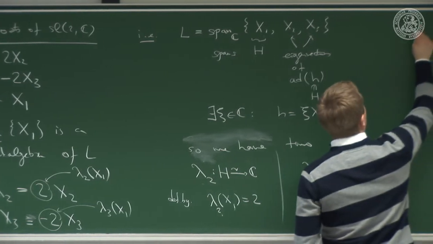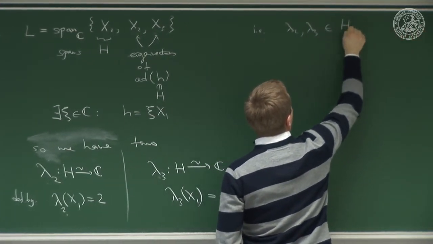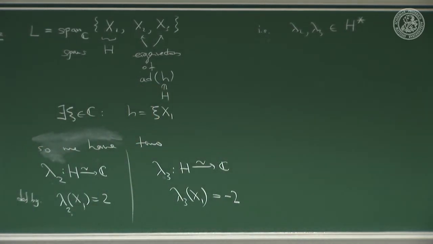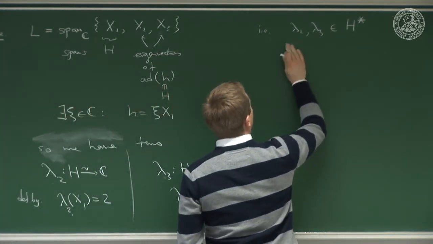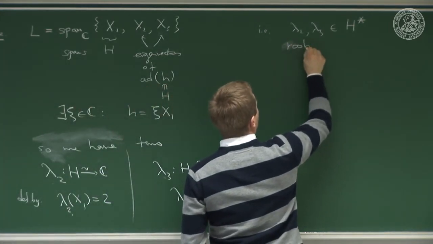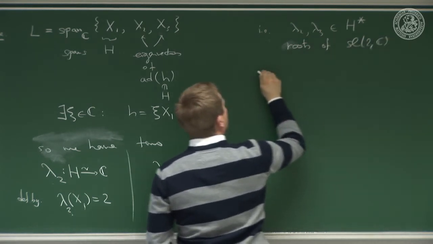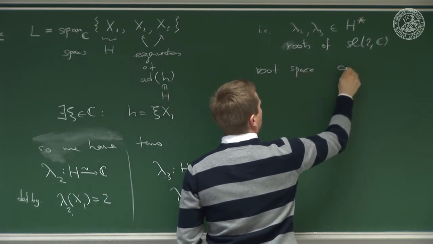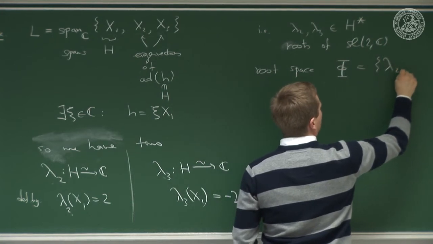And so, of course, lambda 2 and lambda 3 are therefore elements of the dual of the Cartan subalgebra, and they're called the roots. They are the roots of SL2C, and the entire root space, which we always constructed in the general case, capital Phi, simply consists of these two.